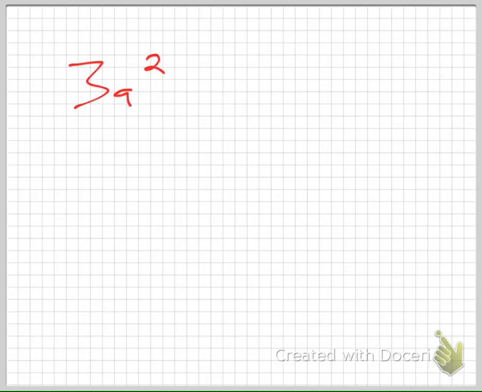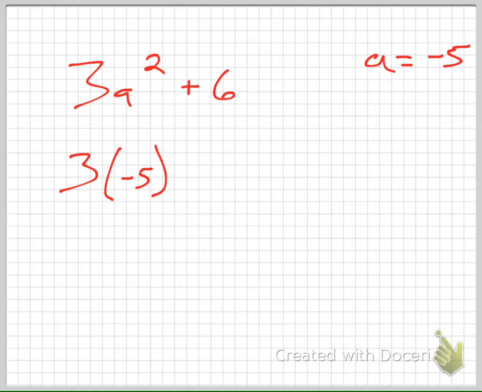3a squared plus 6, and a equals negative 5. Do that one for me. Go. It's important that you do something here. When you plug in a as negative 5, what do I do? Do you see why that's so important? If you don't, then you would be doing it wrong. So plug it in.